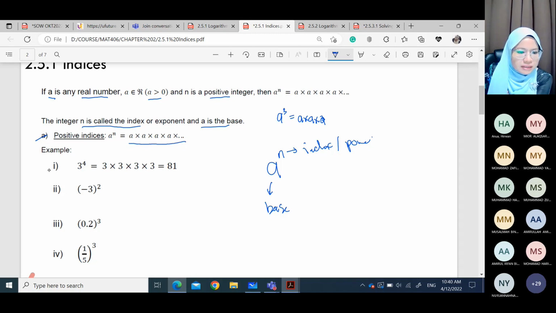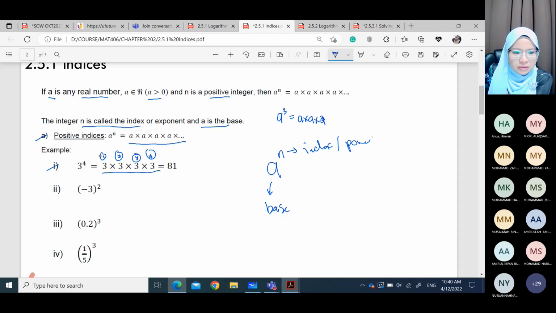Okay. So first example, we have 3 to the power of 4 ataupun 3 kuasa 4. So 3 kuasa 4 bersama dengan 3 times 3 times 3 times 3. So we multiply with itself 4 times. Okay. So ini kuasa 1, ini kuasa 2, ini kuasa 3 dan ini kuasa 4.